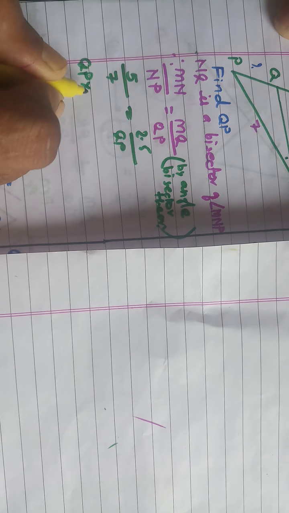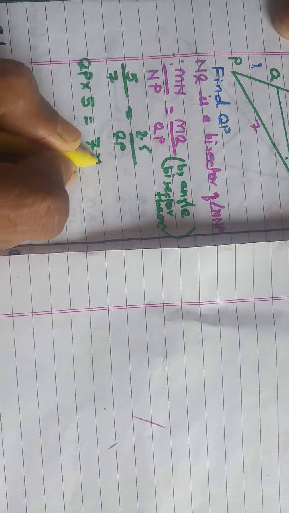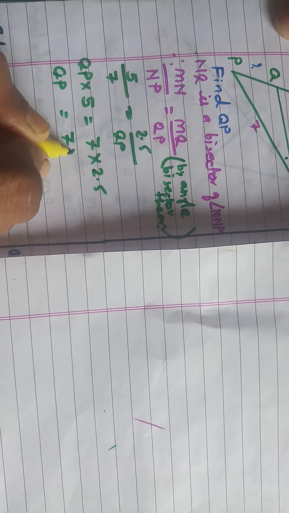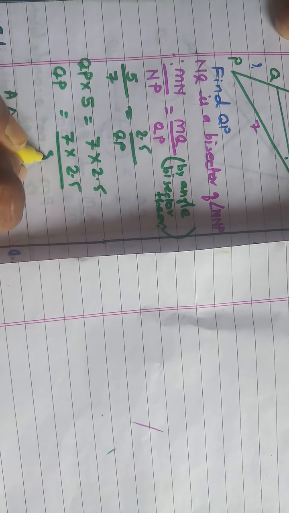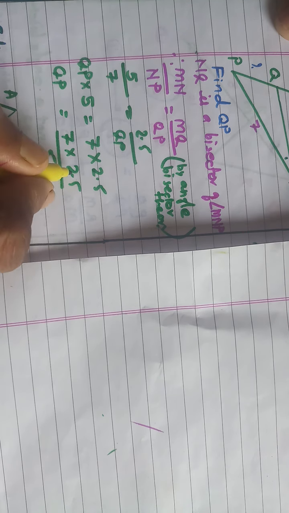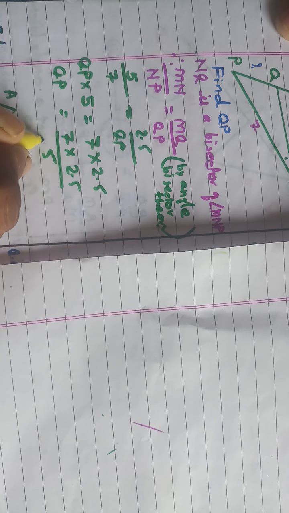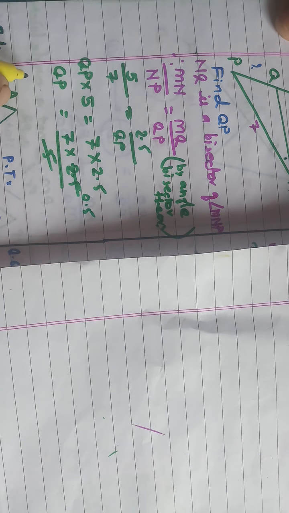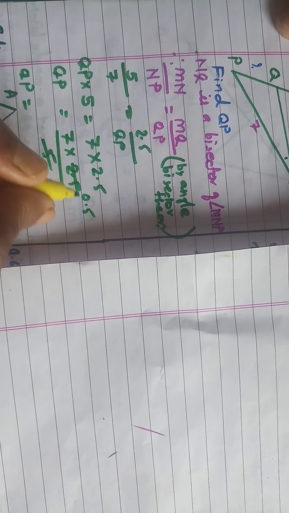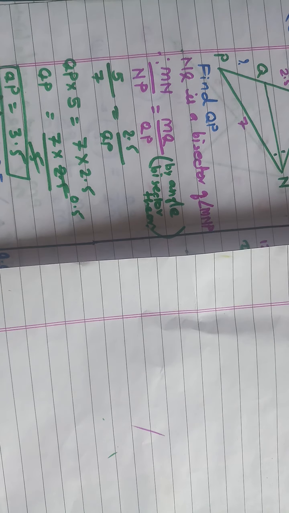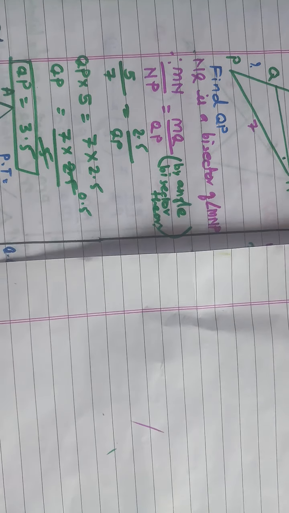QP into 5 is equal to 7 into 2.5. QP is equal to 7 into 2.5 upon 5. If we remove this point, we can also cancel directly. 5 5s are 25, it's 0.5, and QP is equal to 7 5s are 35, so it's 3.5. The length of QP is 3.5. Now question number 4.